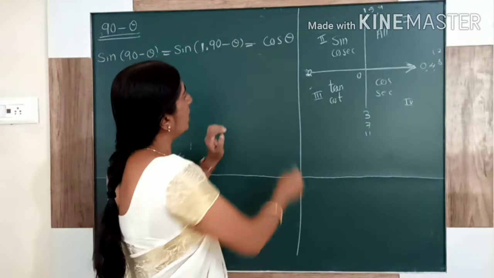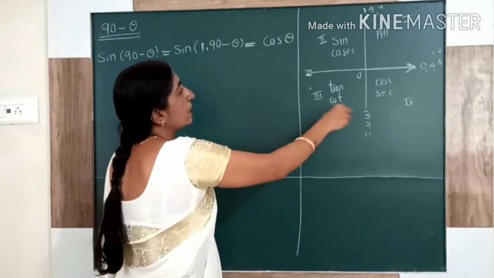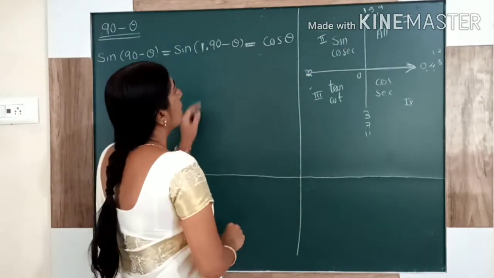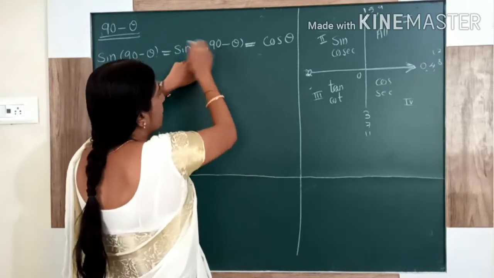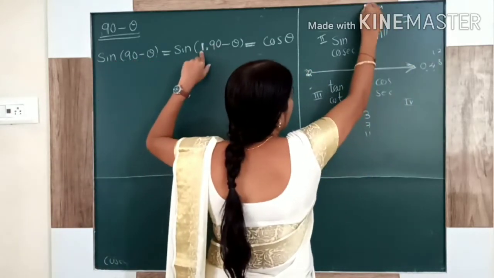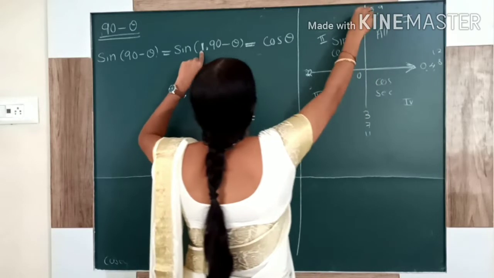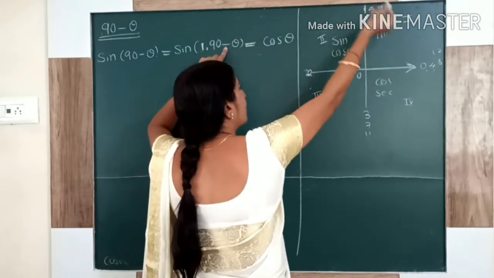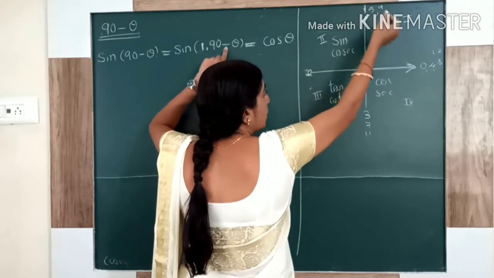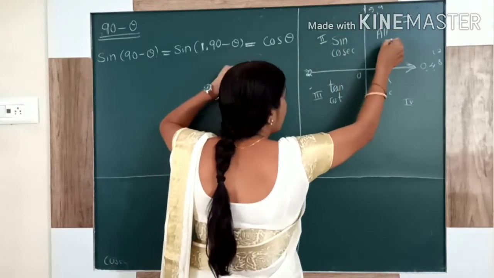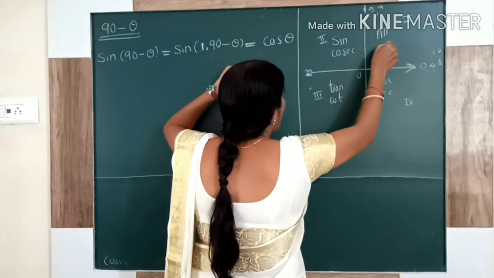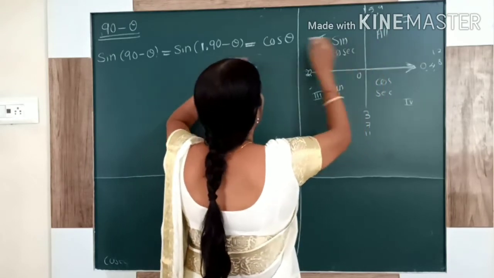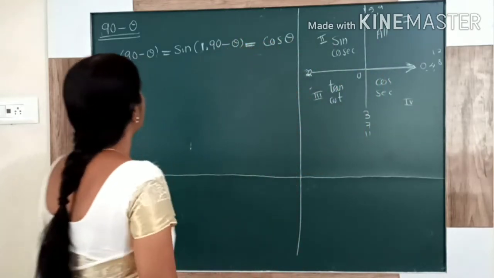After writing the trigonometric term, we have to check in which quadrant it comes. 1 into 90. This number is 1. See where you are having number 1. This is 1 into 90. Minus means we are moving to the next one or previous? Minus means always moving to previous. Previous means first quadrant. In the first quadrant all are positive. So your answer will be positive.